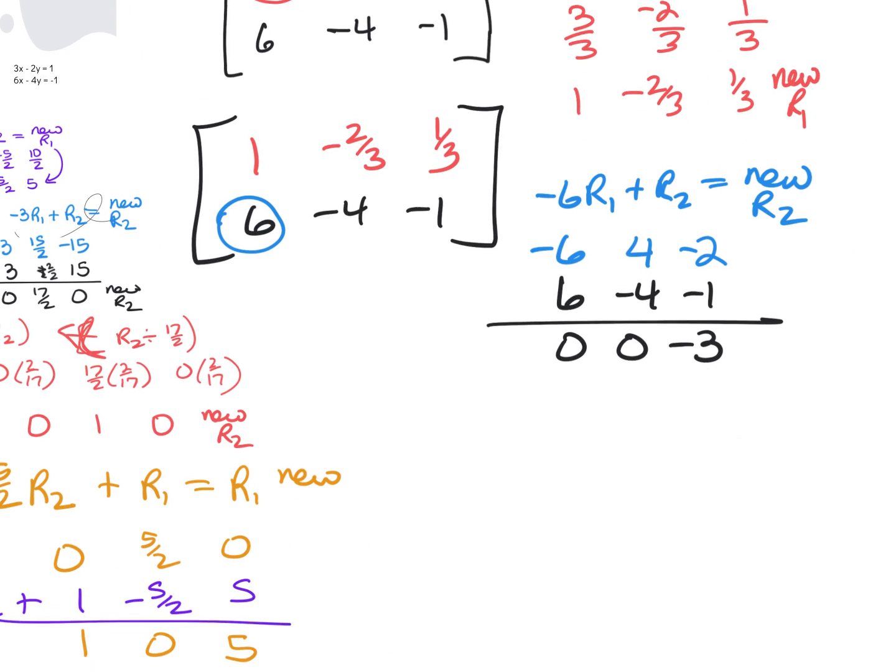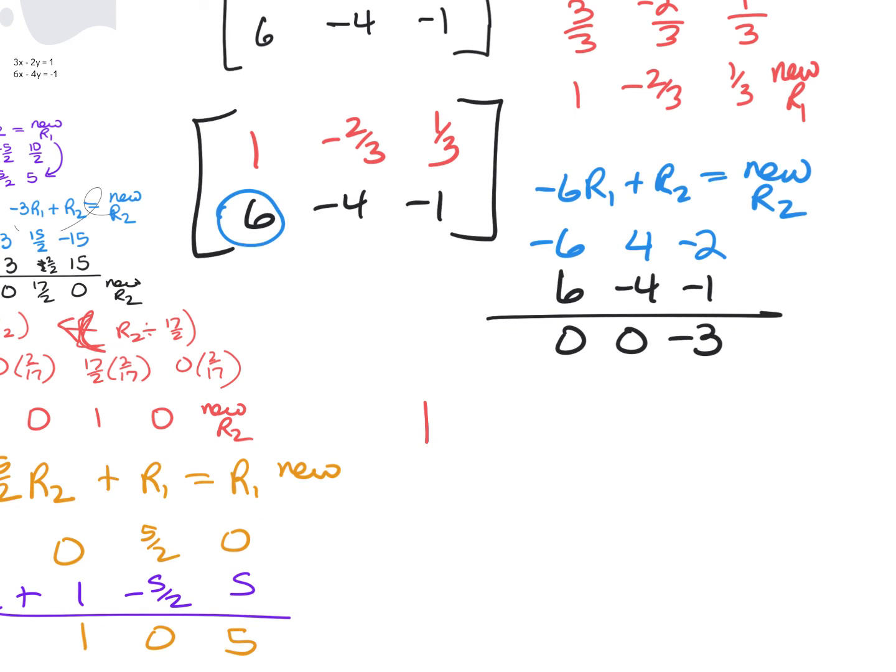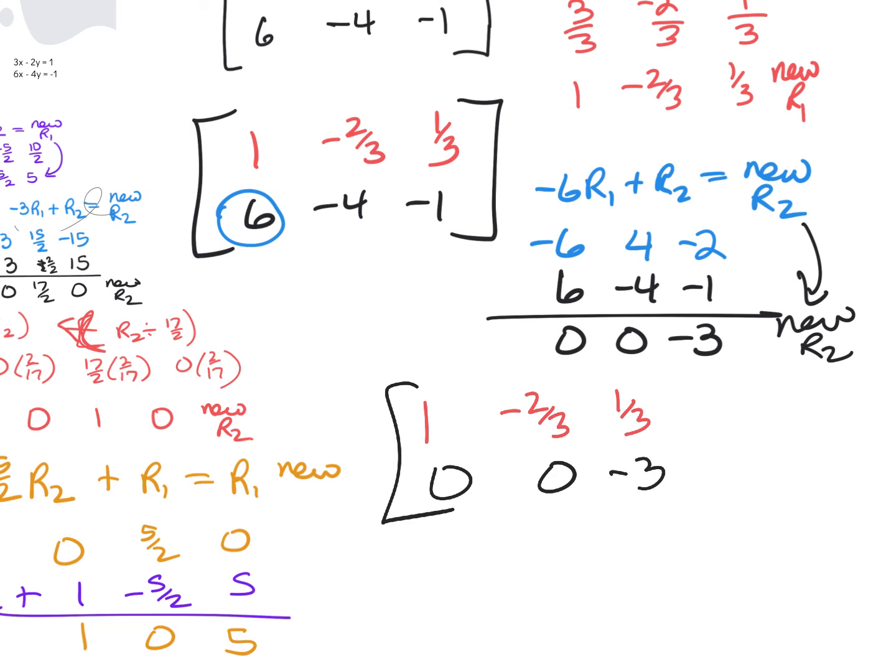So now if I fill that in, my row 1 is -2/3, 1/3. My new row 2, this is new row 2. Now, when you go to change, my next thing that I would be changing is this 0.